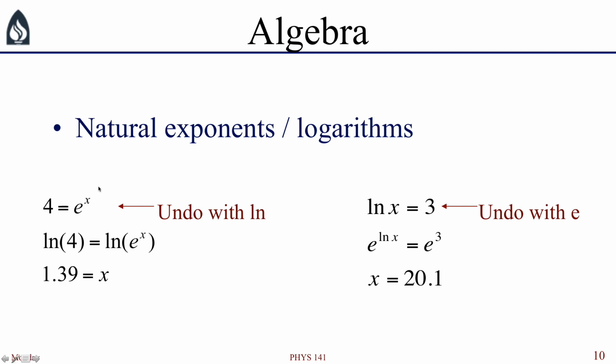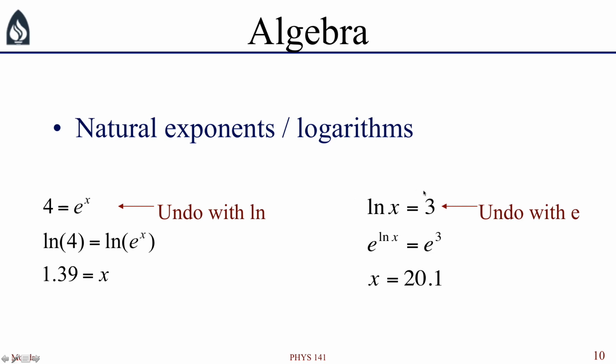So if, for example, we have an equation like 4 is equal to e to the x, and we need to get at x and figure out what x is, then to undo the e to the, where e is the natural number, we would take the natural logarithm of both sides of this equation. So the natural log then undoes the e to the and leaves us with just an x. And on the other side, when we take the natural log of 4 using our calculator, we get a numerical result of 1.39.